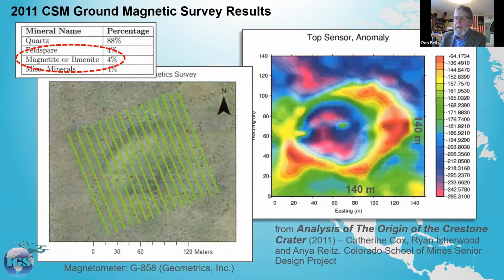This is the mag data that they had collected that came out of their report for their class. What was interesting was that there was about 4% magnetite within the surface sands.